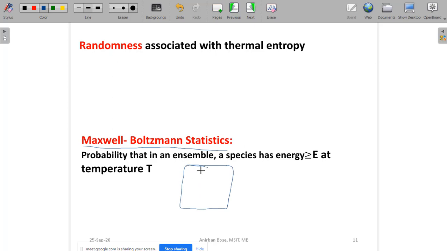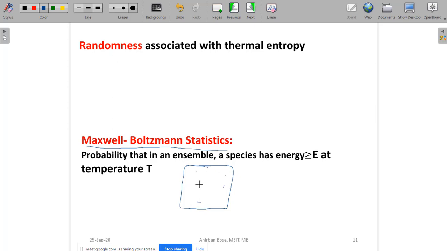So a lot of atoms are there. Let us consider a 1 centimeter by 1 centimeter by 1 centimeter cube of material, and the number of atoms is in the order of 10 to the power 23. So it is a large ensemble of atoms in 1 cubic centimeter volume, just to give you some feeling of how many atoms are within a small volume.